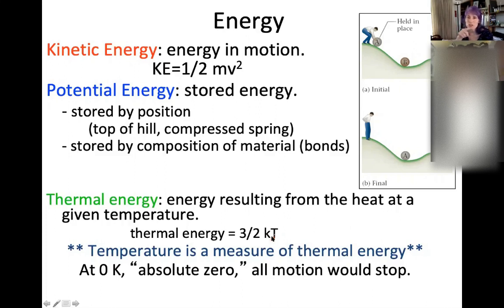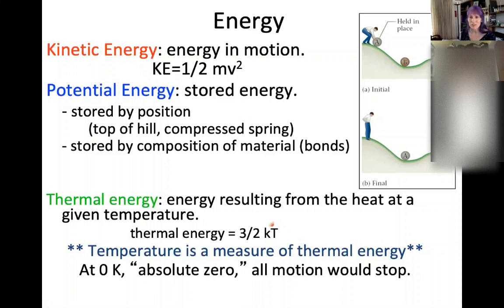In each direction, x, y, z, we have 1/2 kT, and that's why we have a 3 on top, because there are 3 directions of motion. At a given temperature in Kelvin, we have a certain amount of energy available, and that energy will be reflected as kinetic energy for particles moving, and that gives us the measurement of temperature.